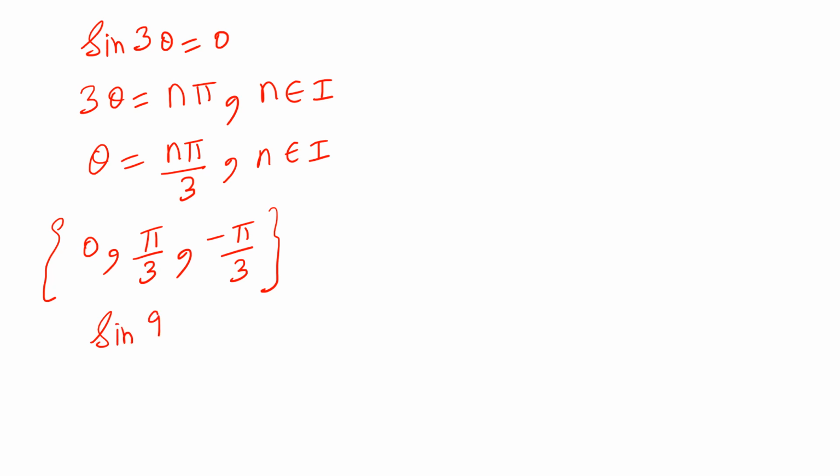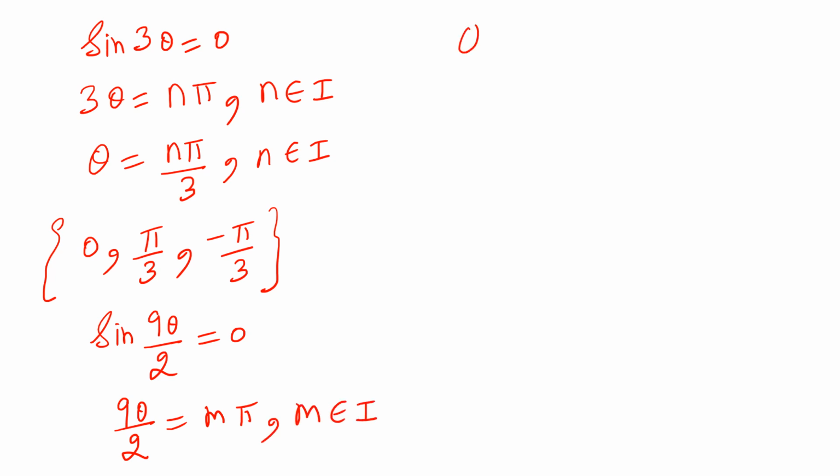Now students, I consider the equation sine 9 theta upon 2 equal to 0. The general solution of this equation is 9 theta upon 2 equal to m pi, where m is any integer. From here I get theta equal to 2 m pi divided upon 9.